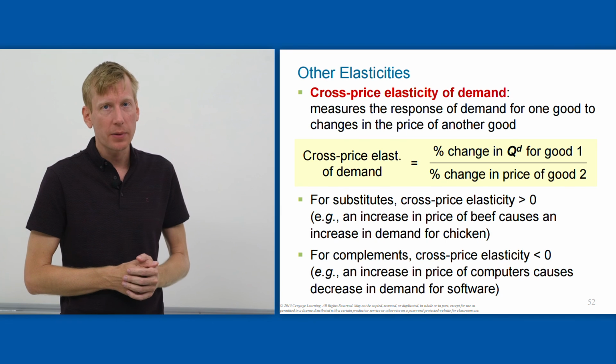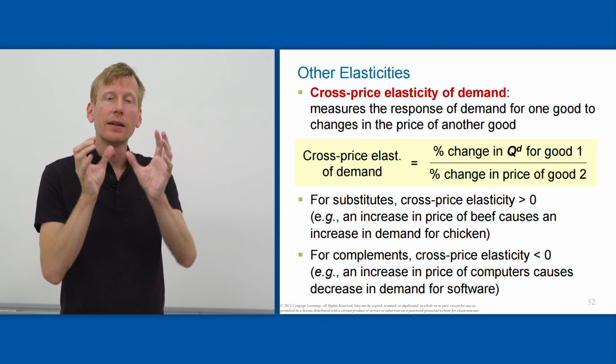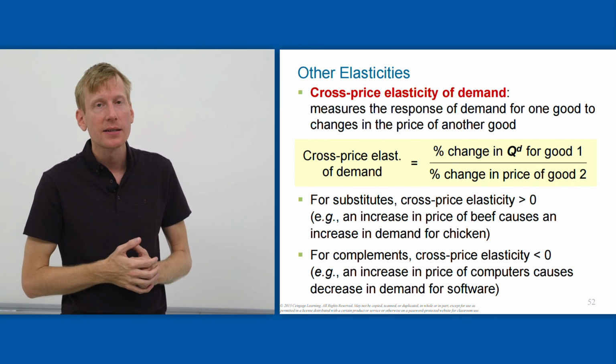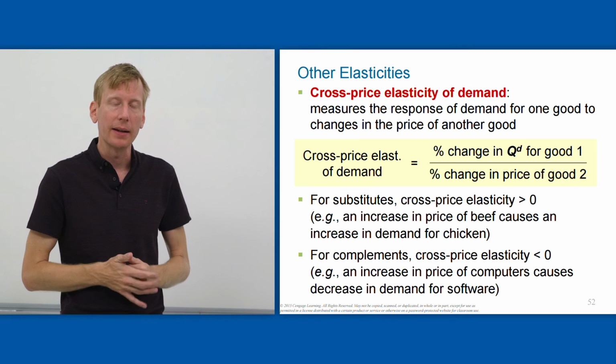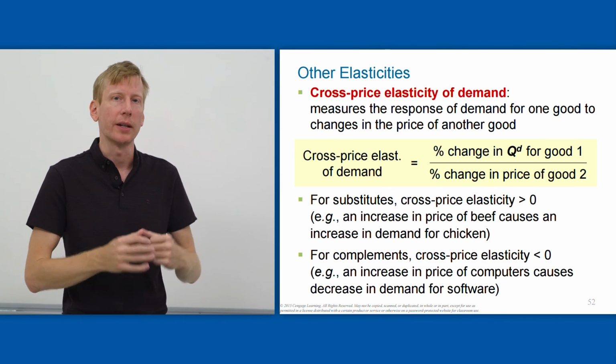The next elasticity worth mentioning is what we would call a cross-price elasticity of demand. A cross-price elasticity of demand is also the percentage change in quantity demanded divided by the percentage change in a price. But here, in contrast with the own price elasticity of demand, it's not the price of the good whose quantity we are measuring.